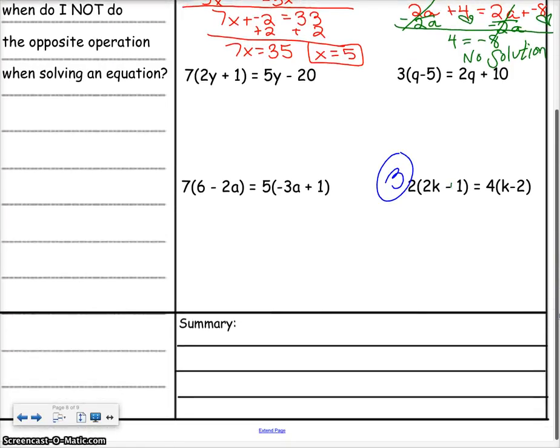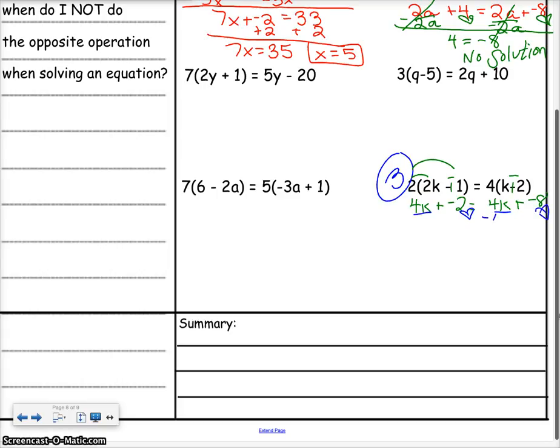Last example, plusing a negative, 4k plus a negative 2 equals 4k plus a negative 8. I can visualize that it's a no solution because I have the same number and then a different number.